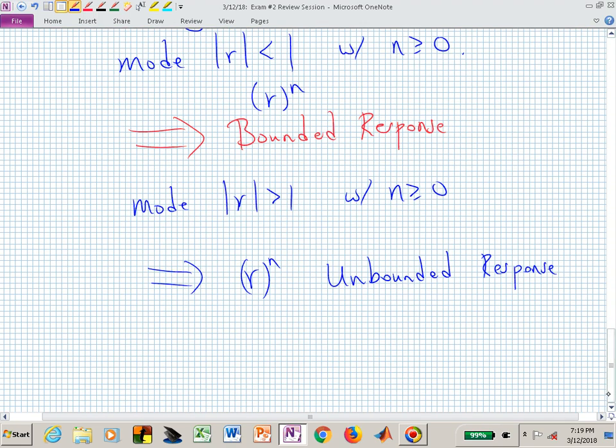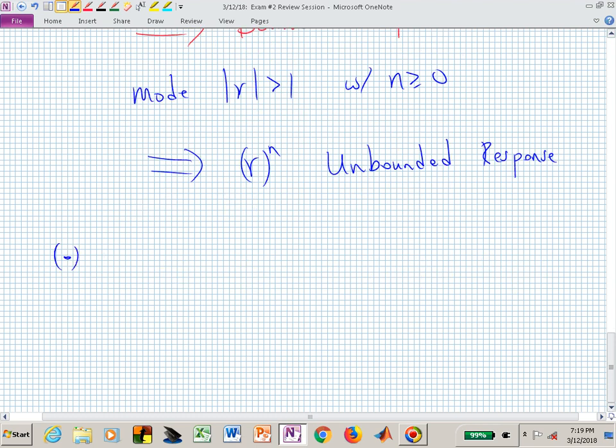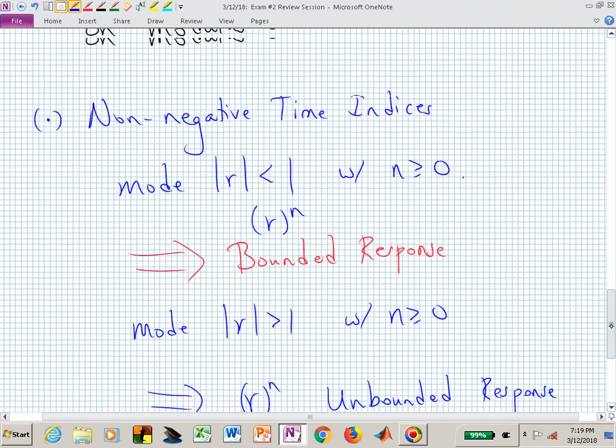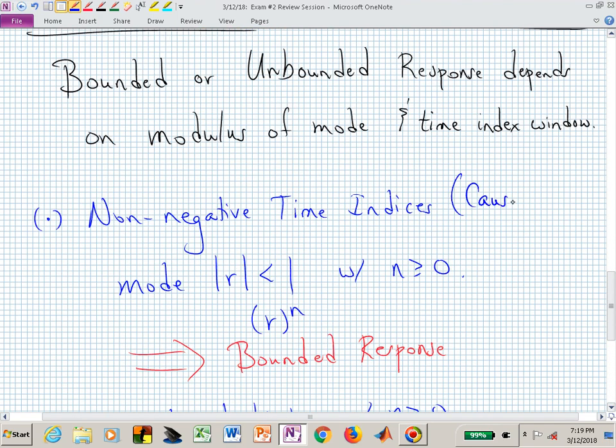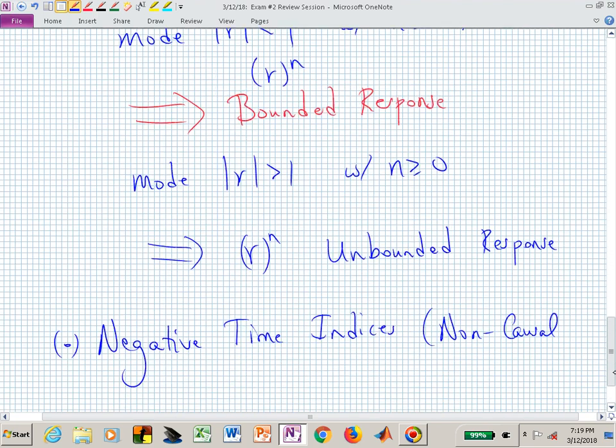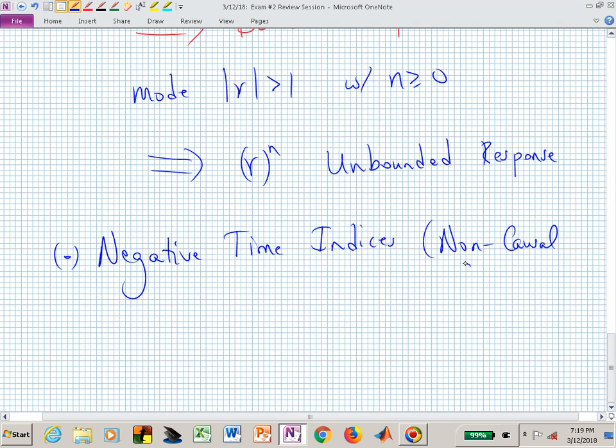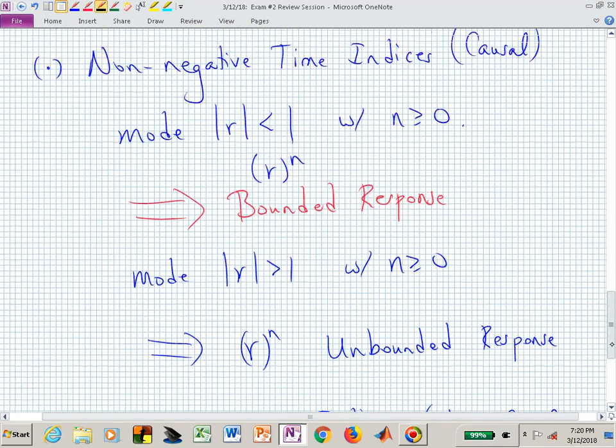You can do the same thing for negative time indices. So the non-negative was causal, the negative is a non-causal sequence. N is less than zero, and now let's say that the mode is less than 1.